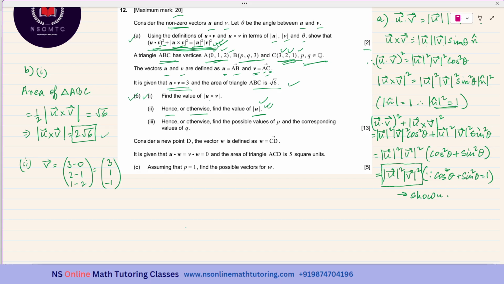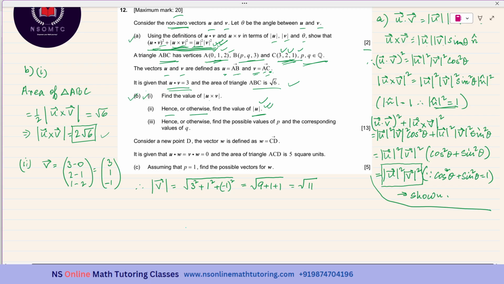Okay, so therefore the magnitude of vector V will be equal to 3 square plus 1 square plus negative 1 whole square, which is equal to 9 plus 1 plus 1, which is square root of 11. Okay.